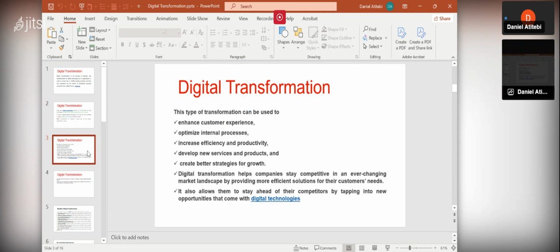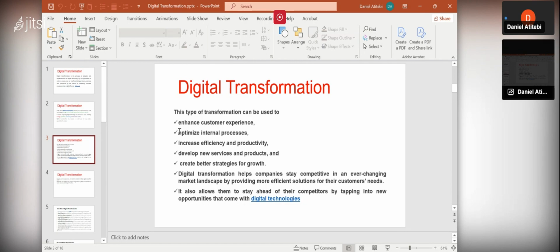What are the advantages or benefits of a service organization who adopt digital transformation as a part of its business process in service management? Number one, this type of transformation called digital transformation can help organizations to enhance their customer experience.